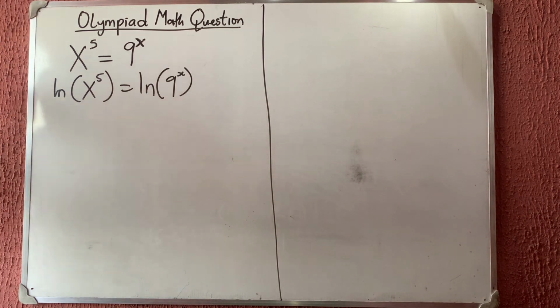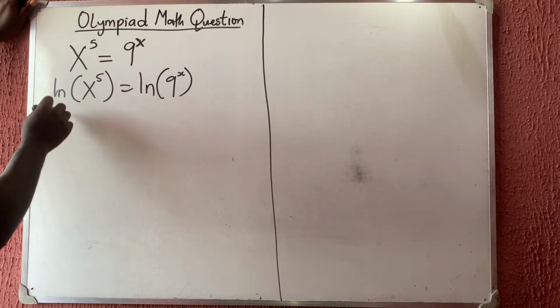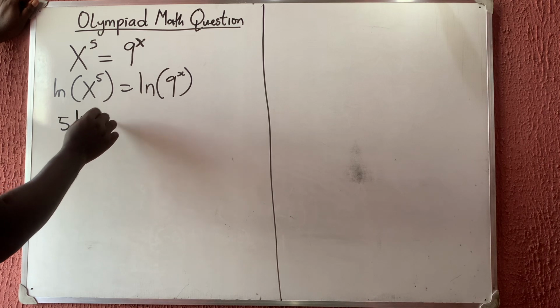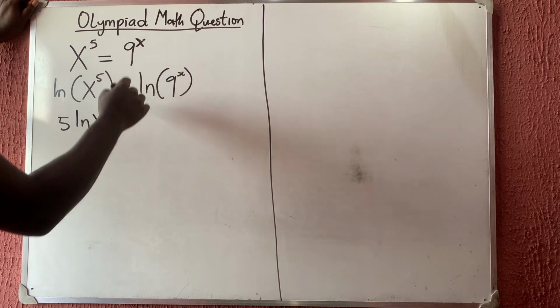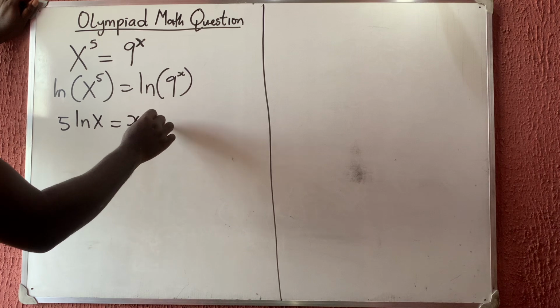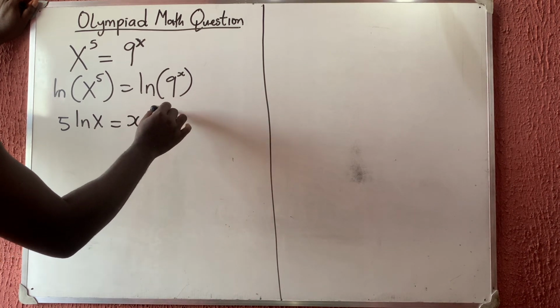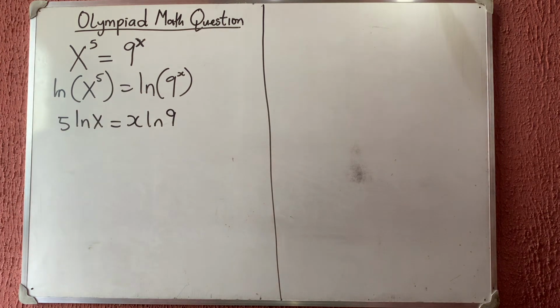Now, according to logarithm, this 5 can go to the back. So I'm going to have 5 ln x is equal to, this one can come here, x ln 9. Now, let us take all the x to be on one side.